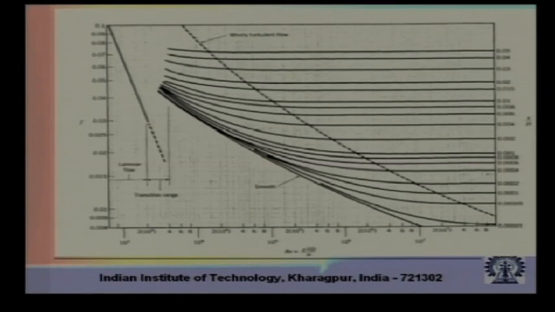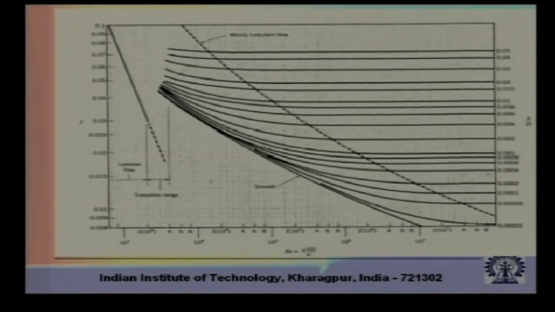That means only if you change the epsilon by d does the friction factor change, but with respect to the Reynolds number variation, it is a horizontal line, so it does not change with Reynolds number. So one of the important observations is that at very high Reynolds number, the friction factor tends to become independent of the Reynolds number, and this independence starts more quickly for more rough pipes.